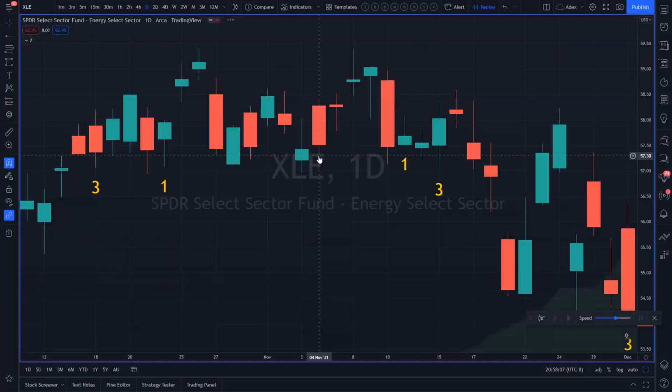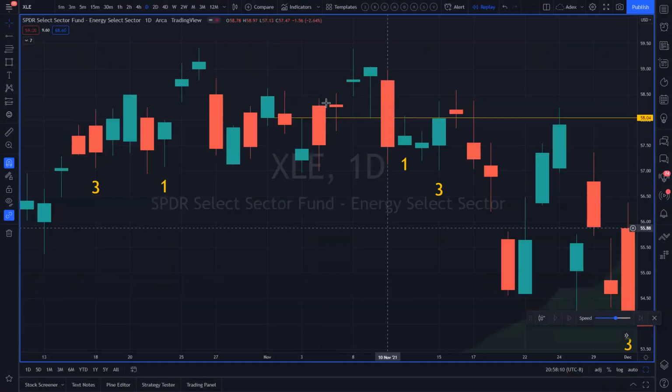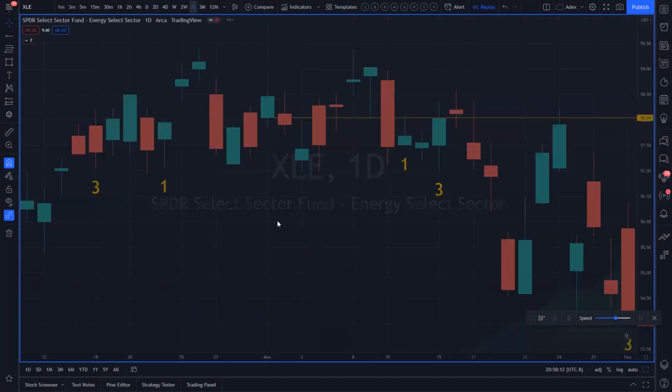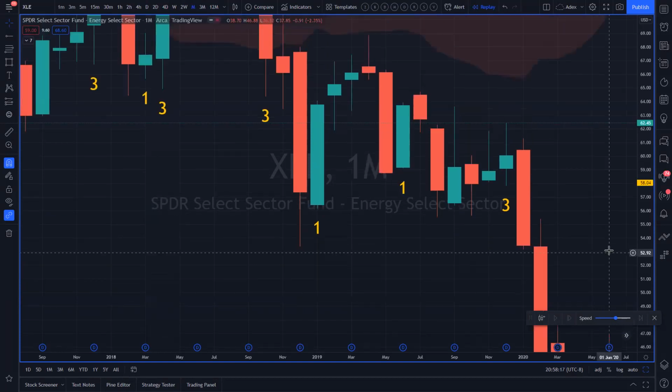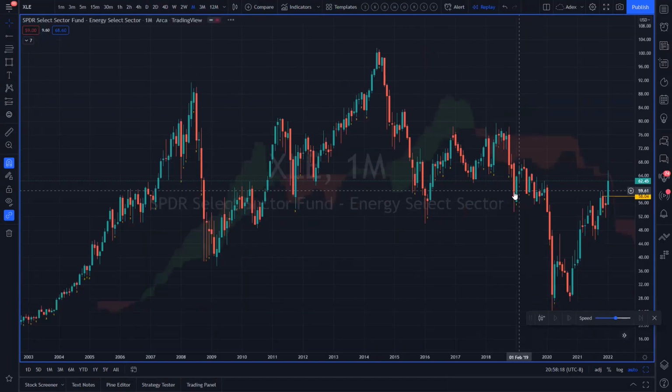XLE, this is not part of the example. I'm going to end it with this because it's not part of the presentation. But when I talk about sector strength, this is what I mean.